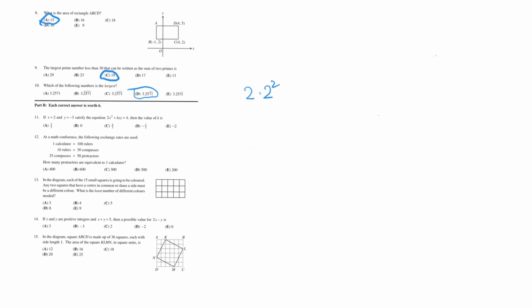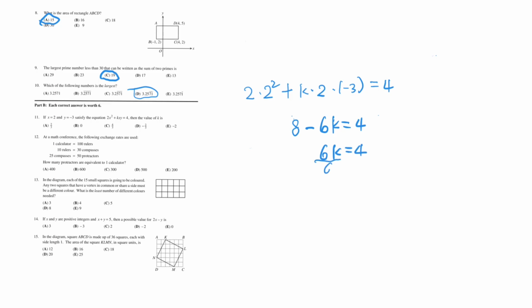That means plug in x as 2: 2 times 2 squared plus k times 2, y is -3, equal to 4. Simplify this equation, 2 times 2 squared, that's 8, minus 2 times 3 is minus 6k equals 4. So 6k equals 8 minus 4, that's 4.